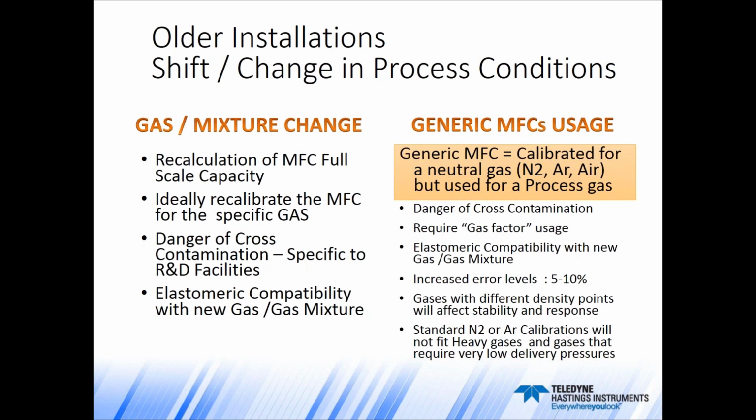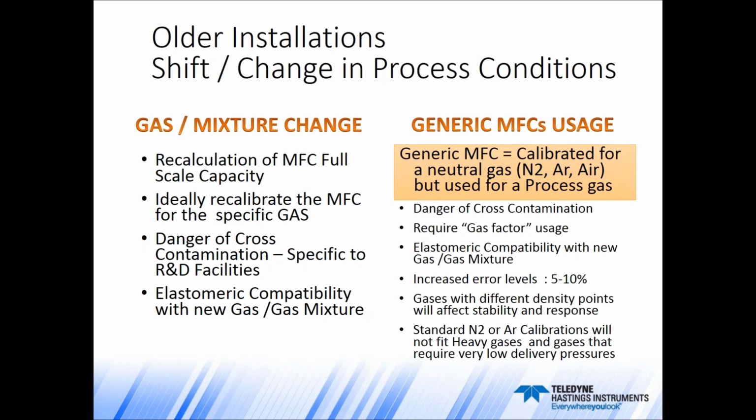The fact that now running sulfur hexafluoride through a nitrogen or an air or an argon MFC means that you will have to recalculate the MFC full-scale capacity using a conversion factor, a gas factor, which is available from all manufacturers, from Teledyne Hastings, or from a service house or a service facility like Semiflow Engineering.